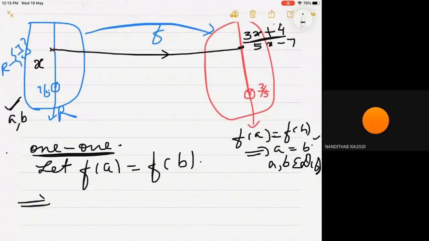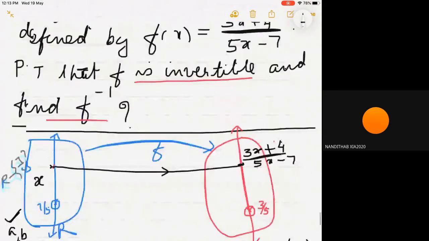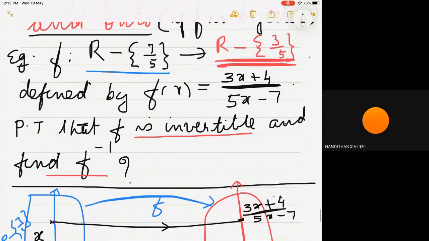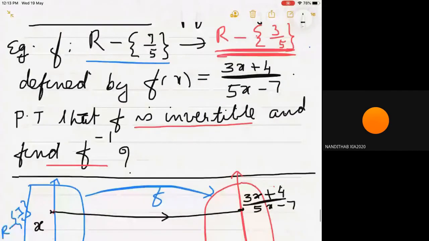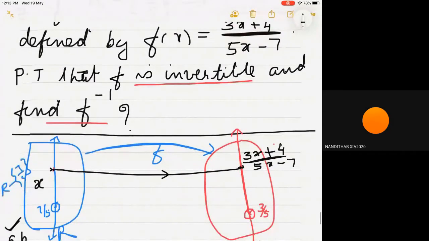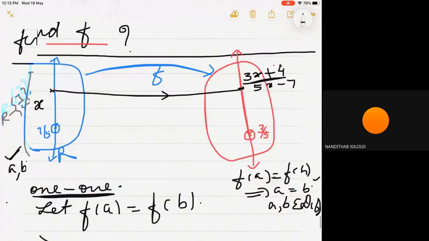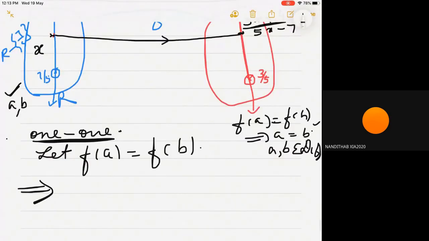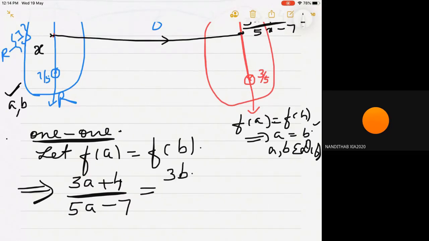Now what does it mean? f of a equal to f of b means, since f of x is (3x plus 4) by (5x minus 7), f of a will be (3a plus 4) by (5a minus 7), which is equal to f of b, (3b plus 4) by (5b minus 7).